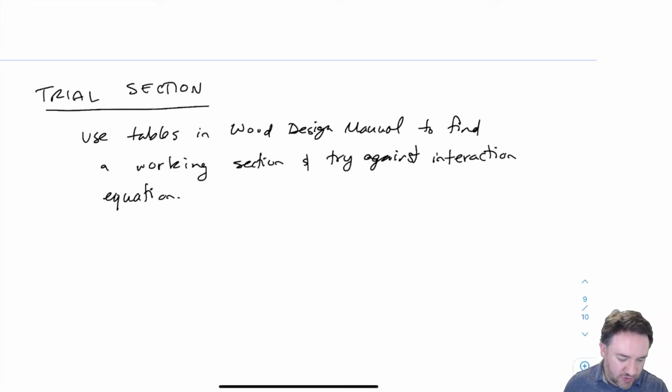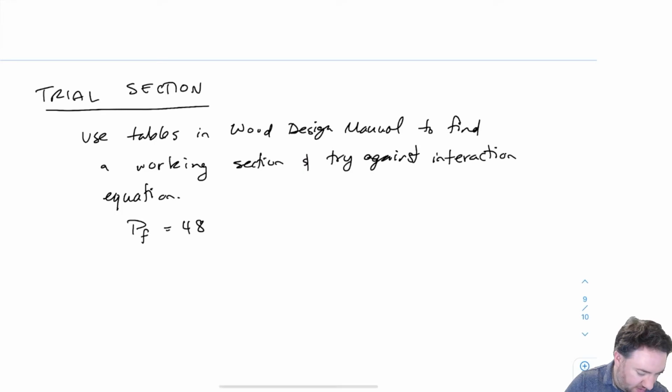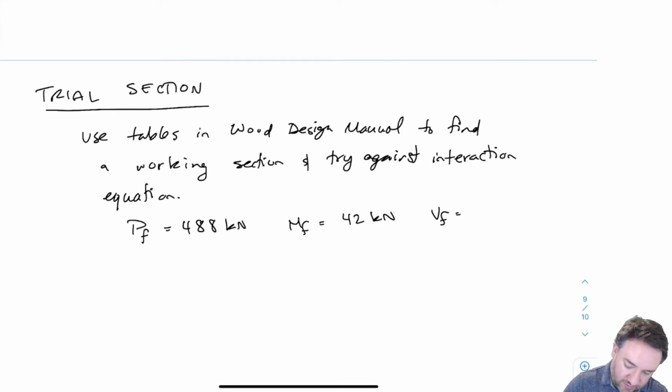Okay, so we're going to go to those tables. We're going to find a section that works. Here, if we recall, are some of the higher Pf and Mf values. So this was the highest one for 88 kilonewtons. Mf max was about 42. And Vf max was around 48.